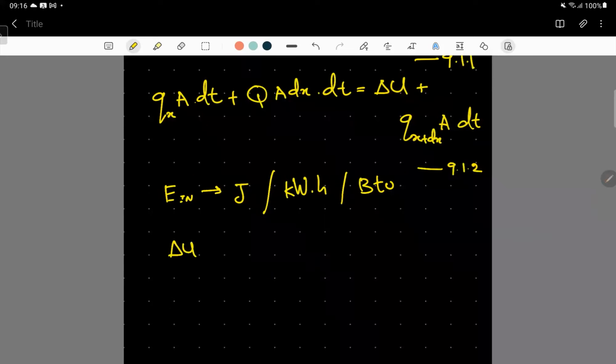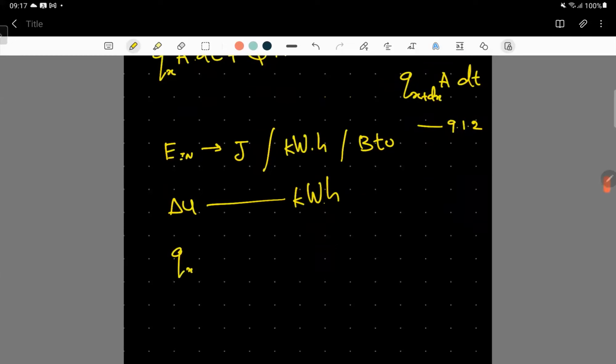Delta U is the change of stored energy, which again can be written using either of these units. The heat flux, as a flux, we always define as the heat power per unit area.